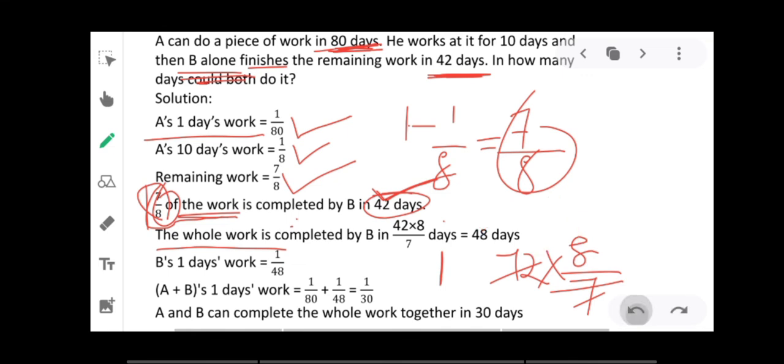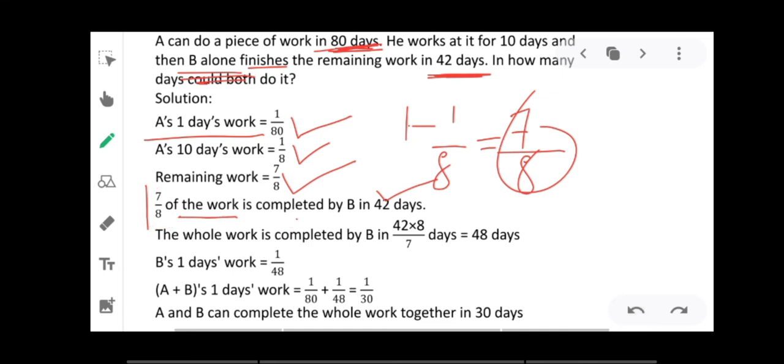This is the time taken by B to complete the whole work, that is 48 days. So if B can complete the whole work in 48 days, then its 1 day work will be 1 upon 48. Clear?